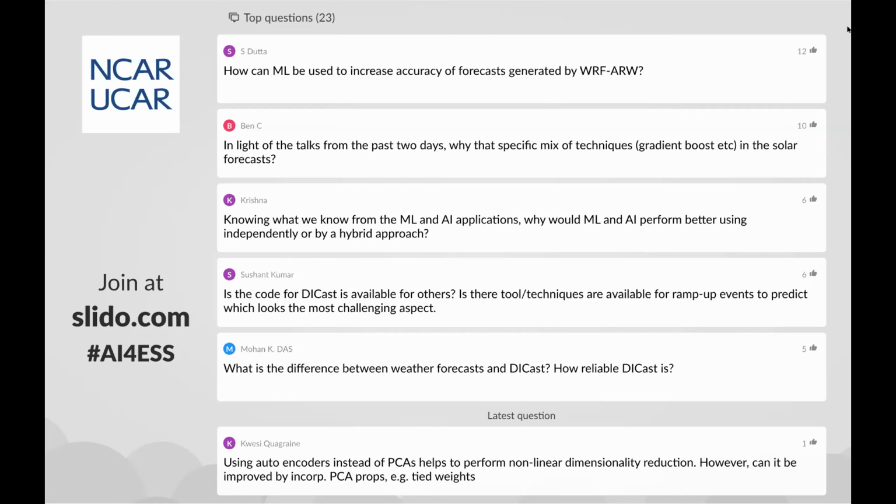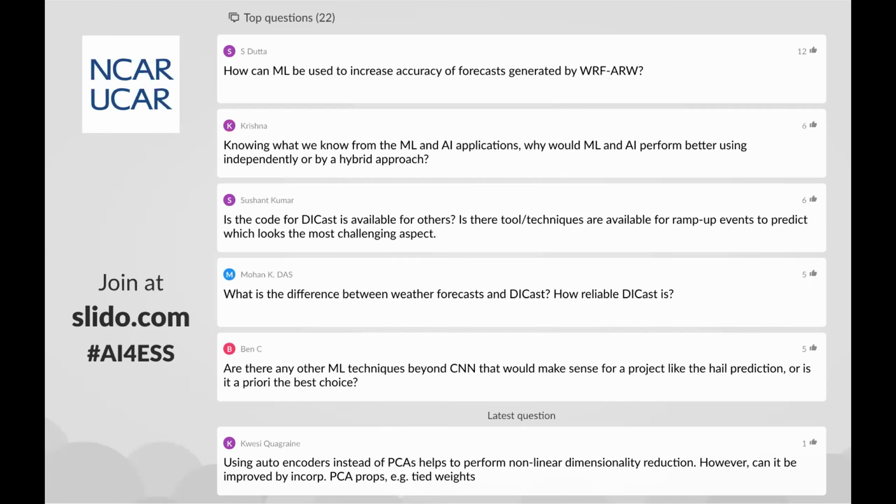Okay, how can machine learning be used to increase accuracy of forecasts generated by WRF-ARW? Great question, and that's kind of what I've been talking about. You've seen that I've been talking about post-processing of numerical weather prediction forecasts.